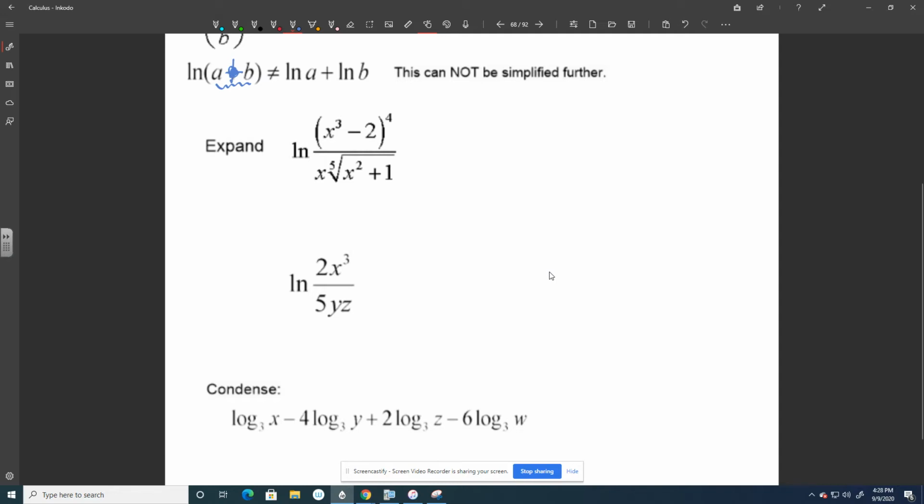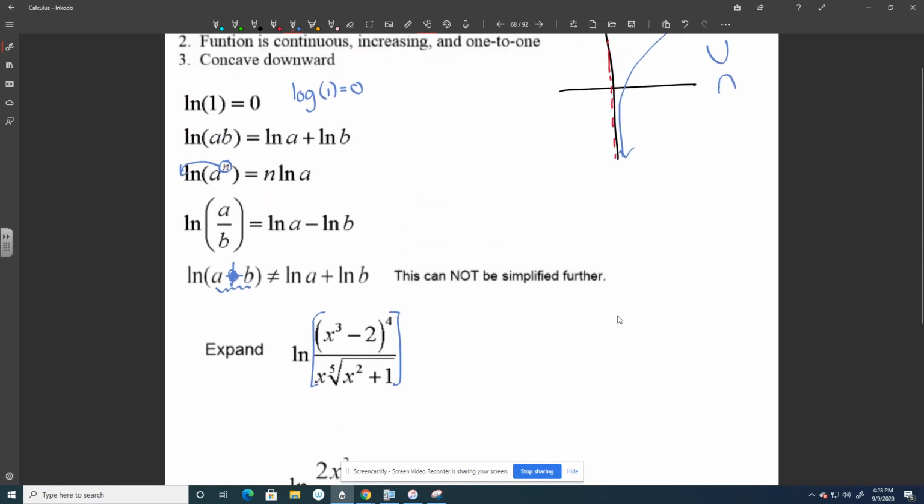If it wants me to expand this logarithm, so basically this entire thing is inside my natural log. The first thing I notice is I can take the natural log of everything on top, minus the natural log of everything on the bottom. So the stuff on the top is going to have a positive in front of the natural log, and the stuff on the bottom is going to have a negative.